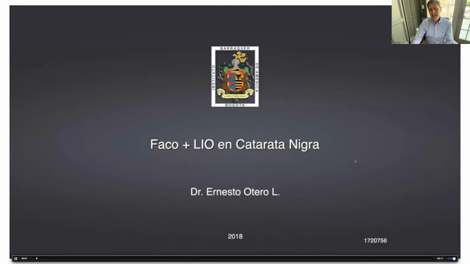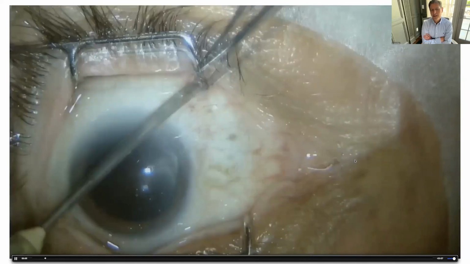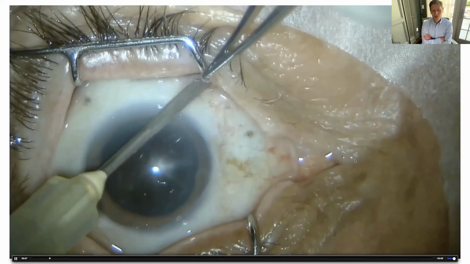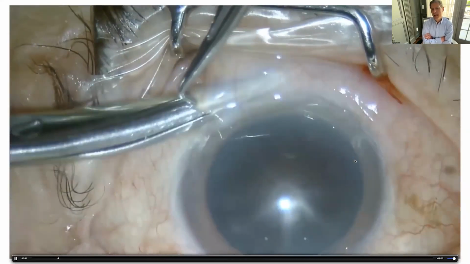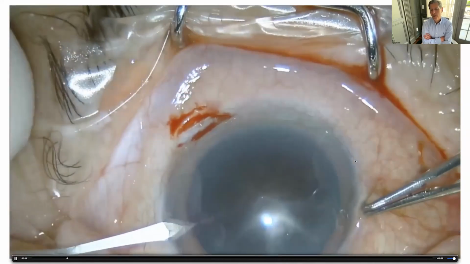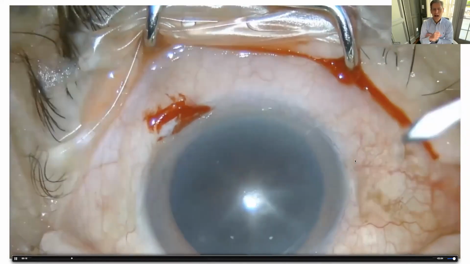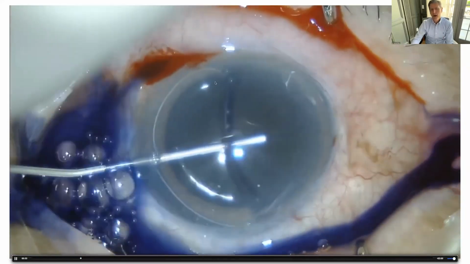And the other technique I wanted to show you is in black cataracts. So there's always the question, can I do phacoemulsification in these black cataracts? And the answer is yes, but always prepare yourself. So as you saw, I used subtenon anesthesia, and I created a small peritomy.